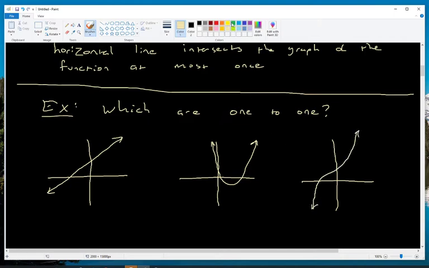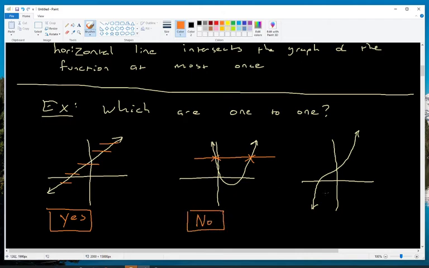So if we look at the diagonal line, every horizontal line hits this once at most. So yes, this is one-to-one. For the parabola, I can draw a horizontal line that hits the parabola twice. So no, a parabola is not a one-to-one function. This sort of cubic type here, every horizontal line hits it once. So yes, this one is one-to-one.